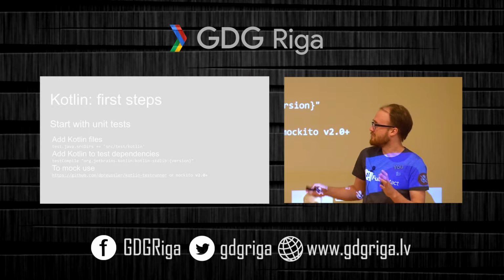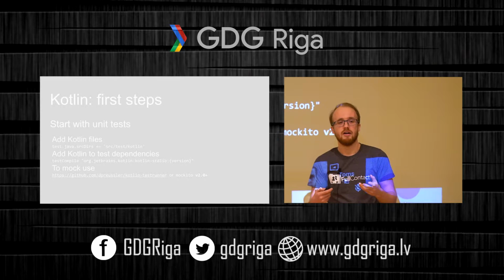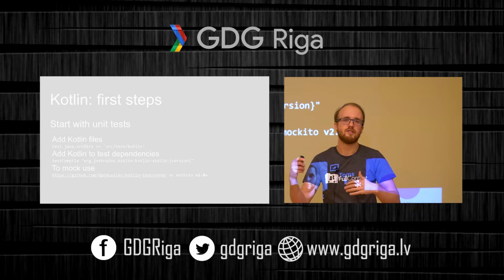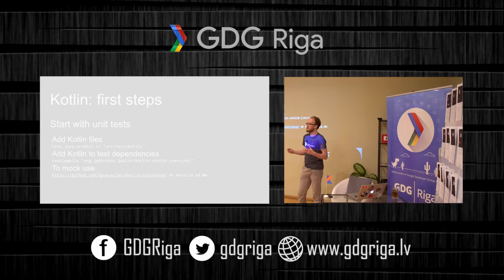So there are some small steps on how to add Kotlin to your testing pipeline, but mostly you just follow the tutorial on their page and just adjust it a little bit here and there. The slides will be available somewhere.